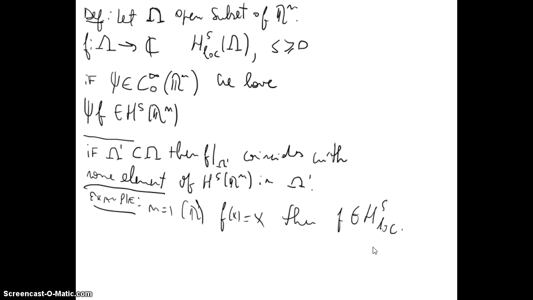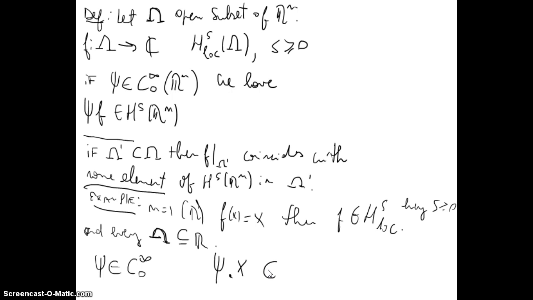That means that it is in H^s_loc for every s positive and for every omega in R. So that means that you can multiply this f with any psi in C infinity with compact support, and you will always get that this multiplied by x will always be in H^s, that is, to be in H^s_loc.